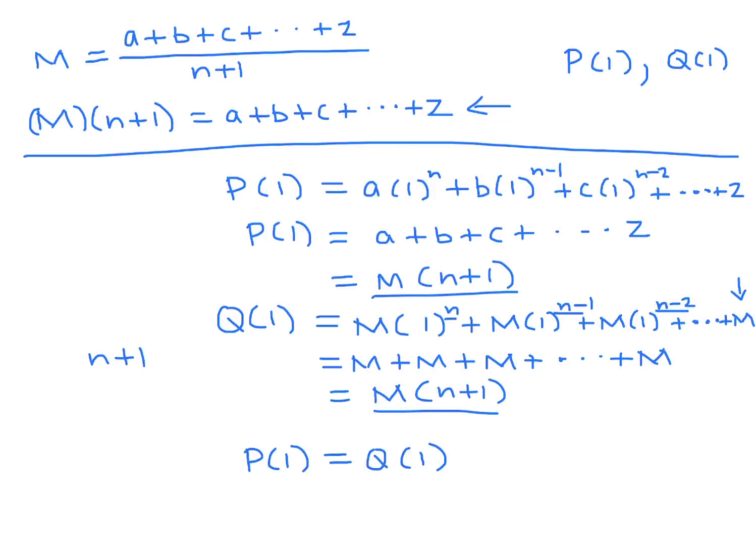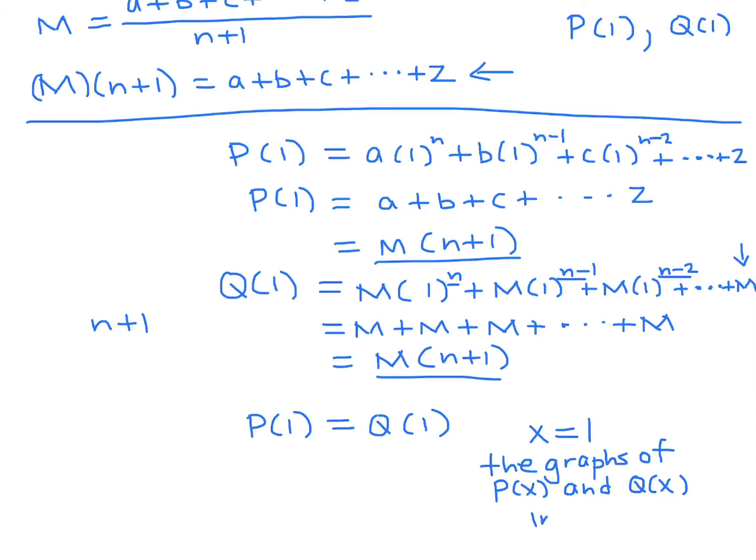So what does that mean graphically? It means that when x is equal to 1, the graphs of p(x) and q(x) intersect, correct? They have the same value. So that is the heart of our question right there. We have to look at those graphs, look at x equals 1, and see which graphs intersect at that point.